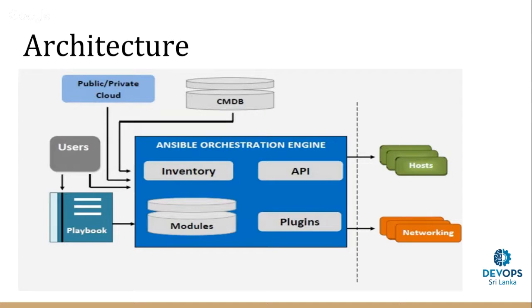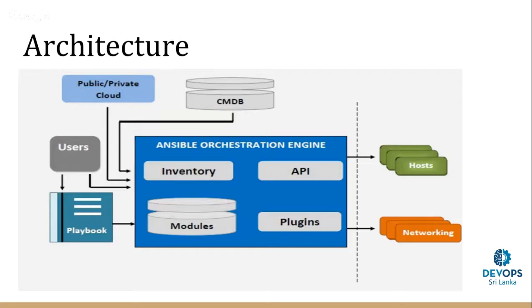So this is the architecture of Ansible. This is just a brief overview. The main orchestration engine consists of the modules and the different Ansible plugins, and it also has an API, and the inventory is the other important part where the modules are interconnected with the inventory.